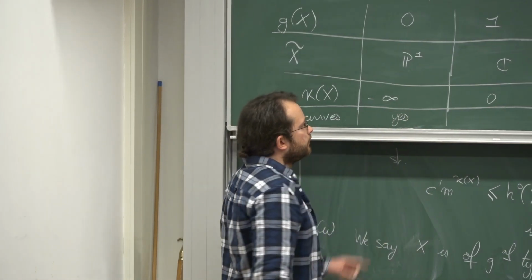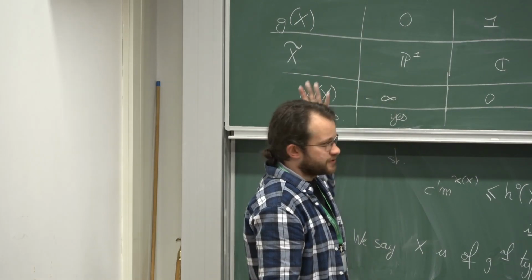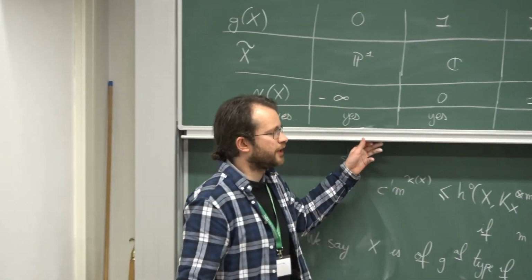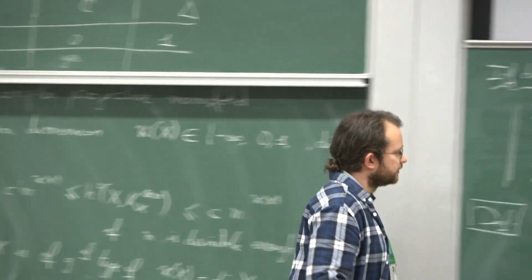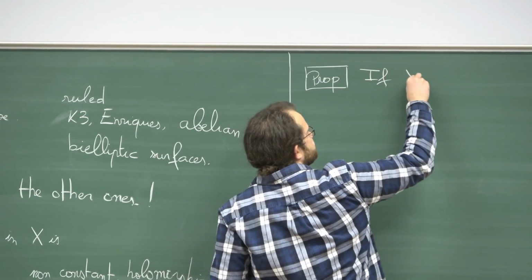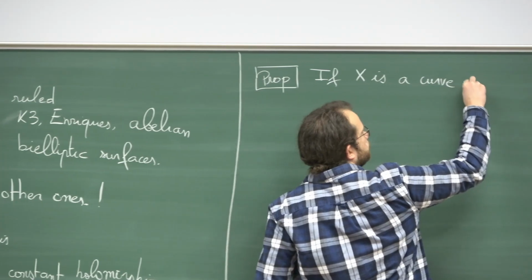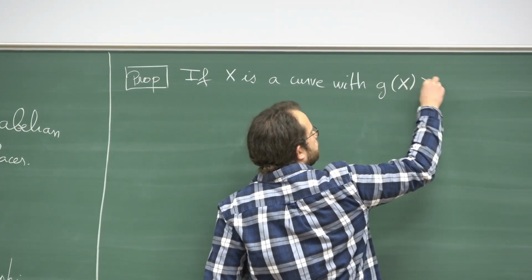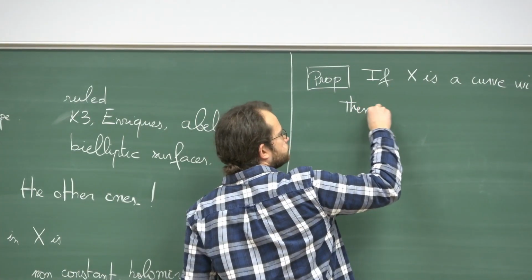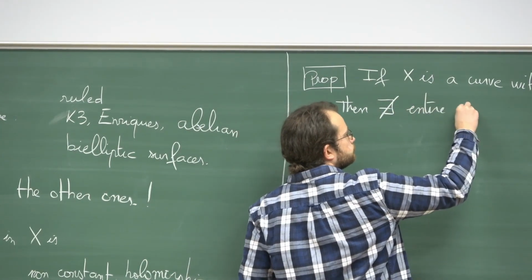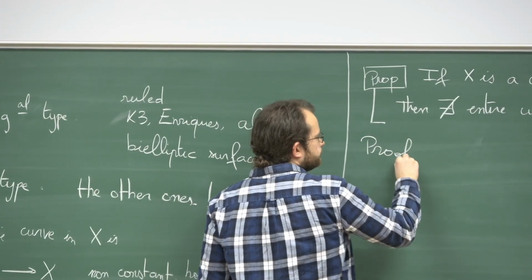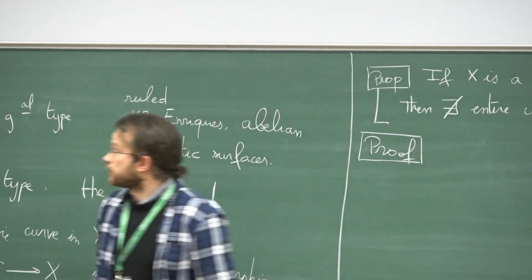Now, if you have an elliptic curve, since this elliptic curve is covered by C, then of course the uniformizing map provides such an entire curve. So you have entire curves, and you also have many of them. And if X is a curve with genus higher than 2, then you don't have any entire curve on X. The proof is very easy using the uniformization theorem.